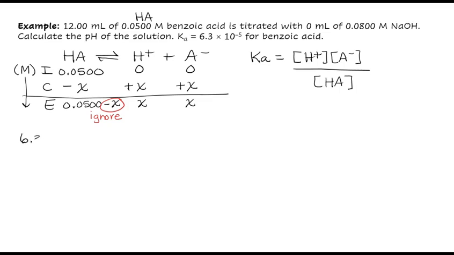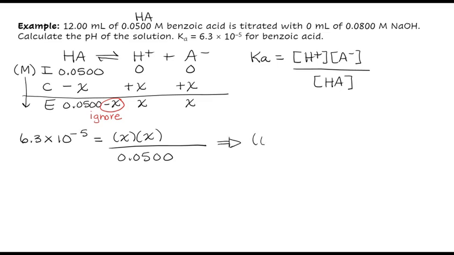It's 6.3 times 10 to the negative 5 equals H+, which is x, times A-, which is x, divided by 0.0500 because we're ignoring that change in x for the moment. We'll cross multiply and we get 6.3 times 10 to the negative 5 times 0.0500 equals x squared.